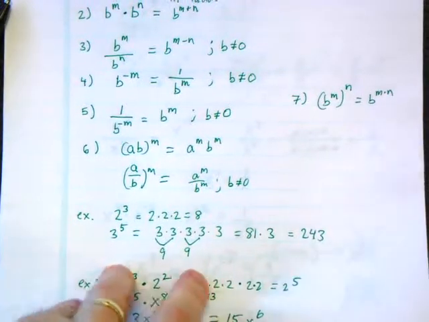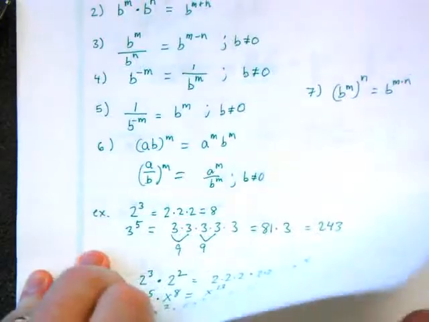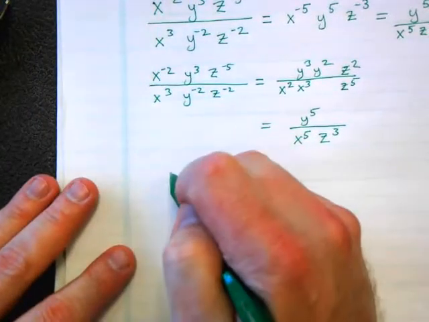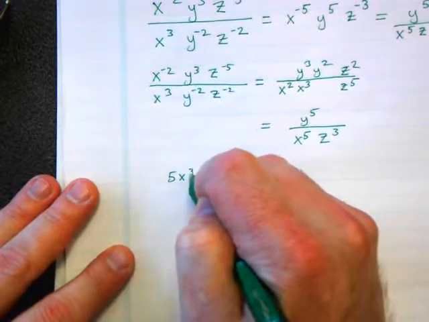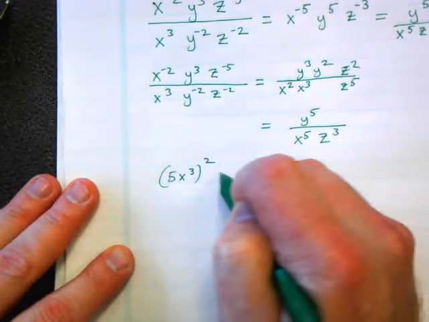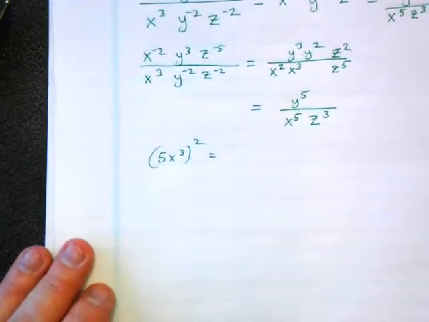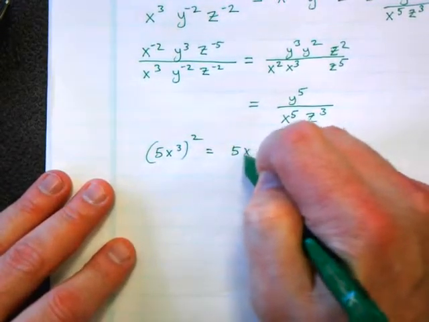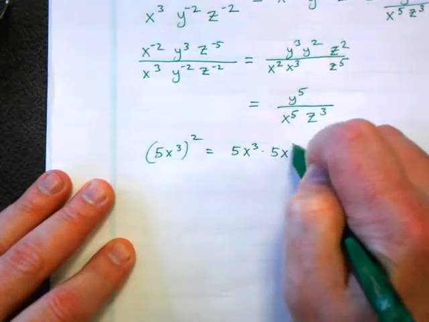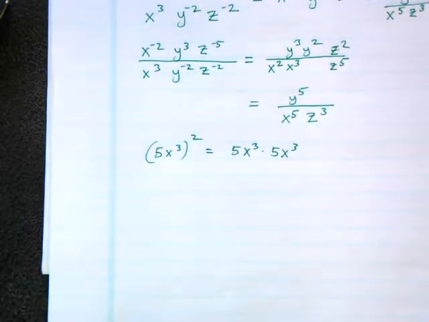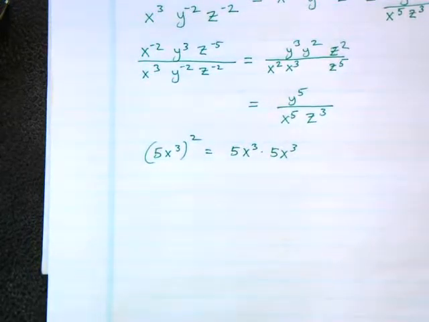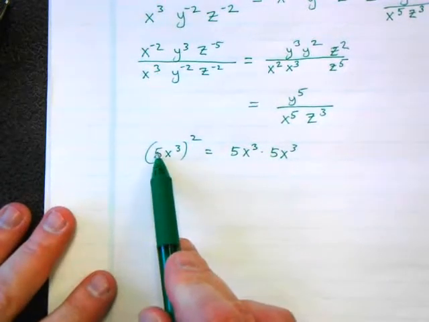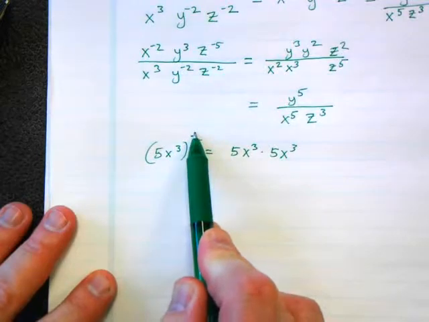Okay, so why should rule number 7, well, we'll do the number 6 and number 7. If I have, for example, 5x cubed squared, well, by definition, that means to take 5x cubed times 5x cubed. What's 5 times 5? 25, which notice that happens to be 5 squared.